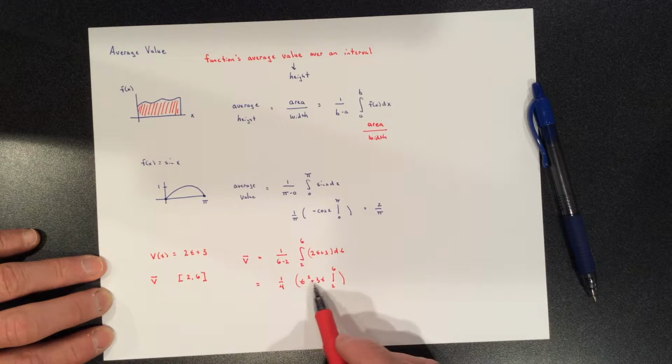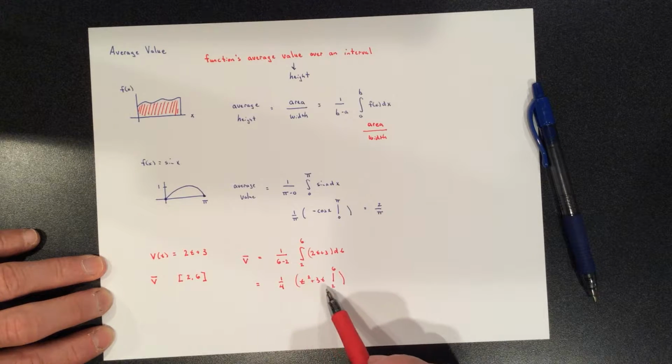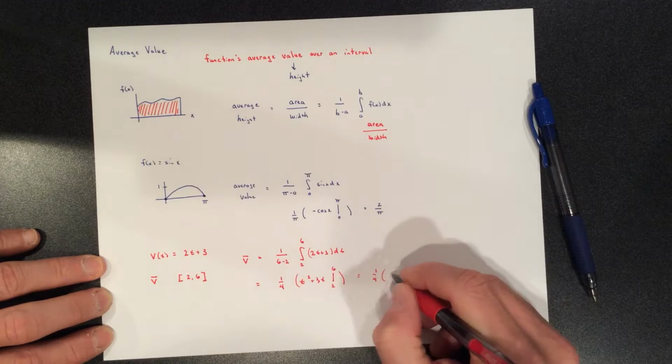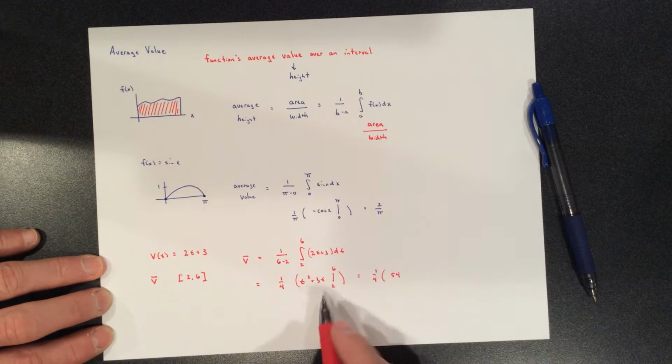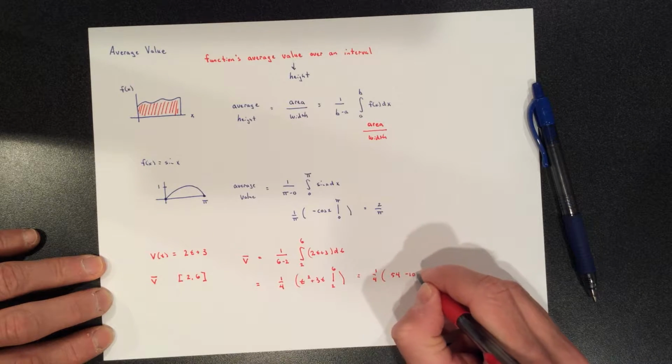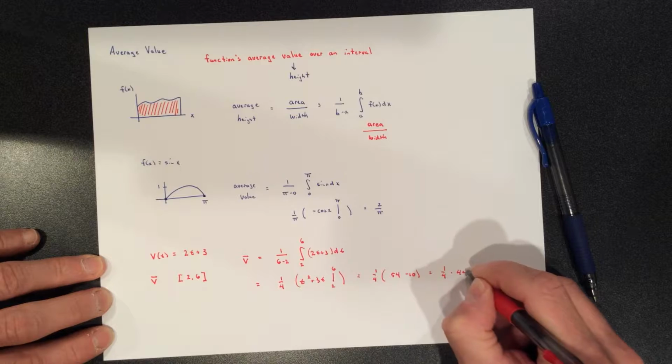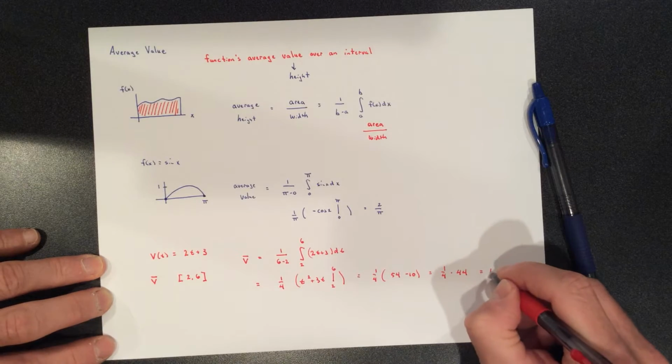That's 36 plus 18 is, what, 54? And then plugging in 2. All right, I guess I won't skip any steps here. So that's 54. And then when I plug in 2, I get 4 and 6, I get 10, so that's minus 10, so then that's 1/4 times 44, which is 11.